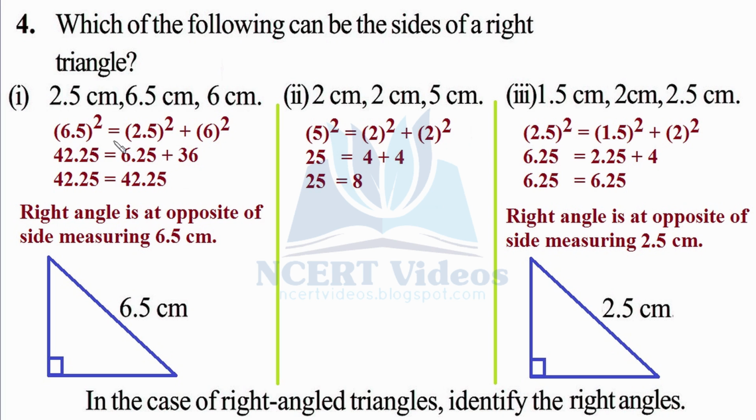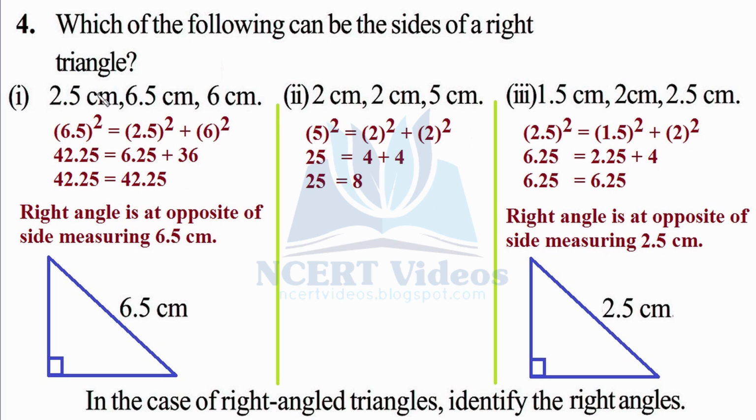So let's solve them. First is 2.5 centimeter, 6.5 centimeter, 6 centimeter. Whenever you see these lengths in any question, you first grab the longest length. Here 6.5 is greater than 6. This is longest. You take it on one side, either left hand side or right hand side, doesn't matter. You square it, that will be your hypotenuse, equals, then it doesn't matter whichever you take first.